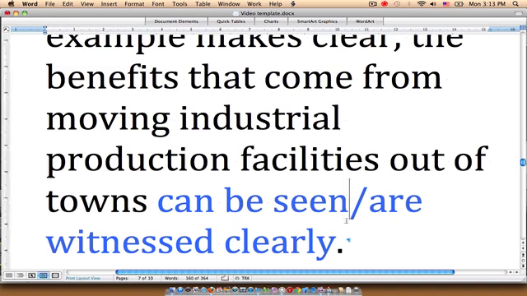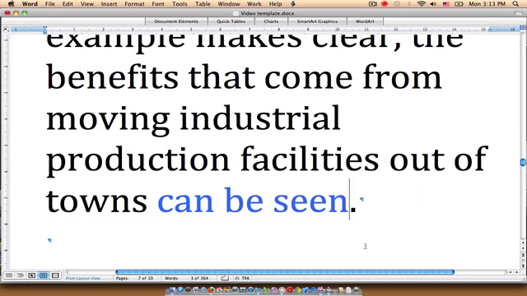Okay, now often when we draw a conclusion, we use the phrase that something can be seen. If we say this example makes it clear that this is true, so this is something that can be seen. Or witnessed clearly would not be a very naturally sounding phrase to use in this instance.